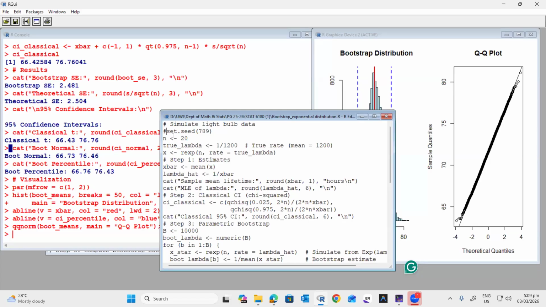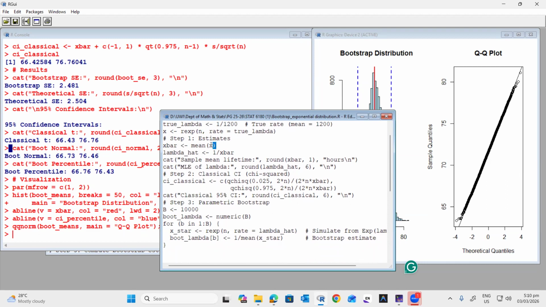The true mean was 1200 hours. So we will generate the x from the exponential distribution. The command is rexp, and n is the sample size. For rate we need to provide the value of lambda.